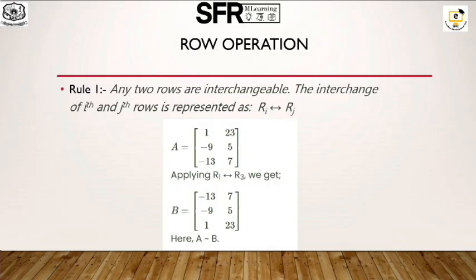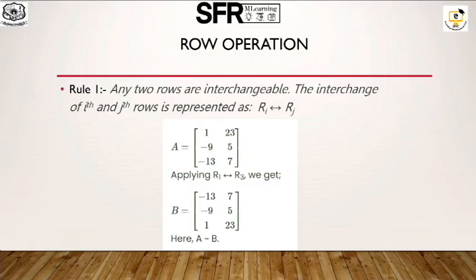If we apply rule 1, we interchange the row R1 with the row R3. That is, the first row is interchanged with the third row. So, we obtain the matrix B with first row containing the elements minus 13 and 7.